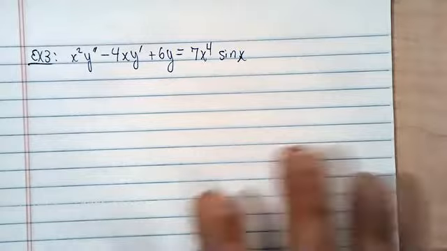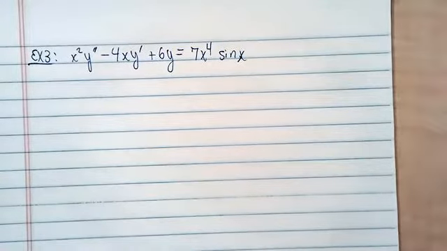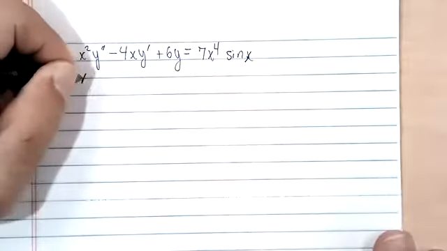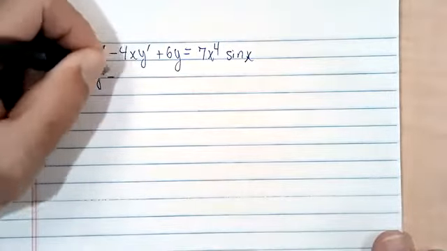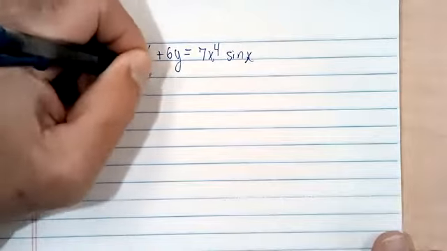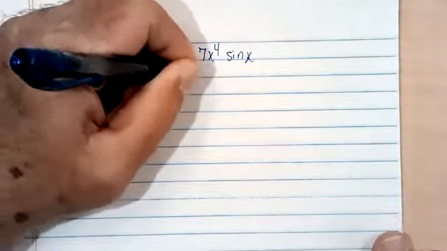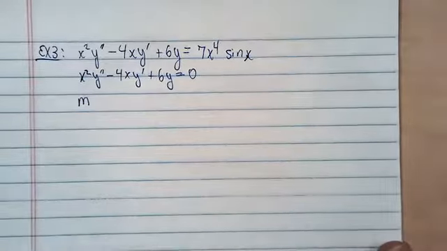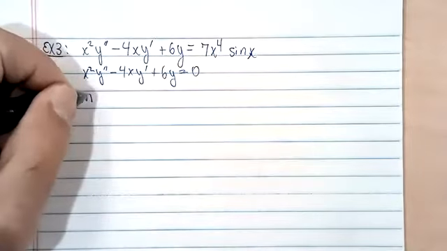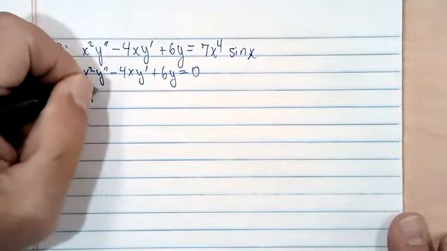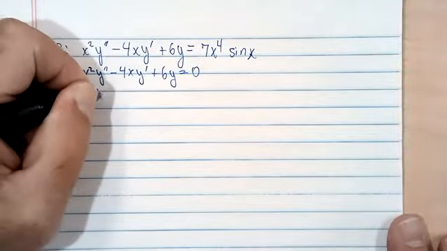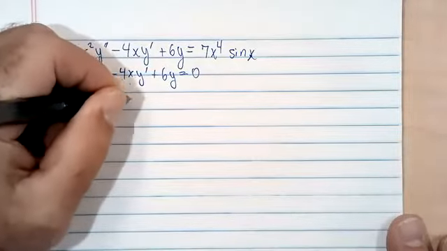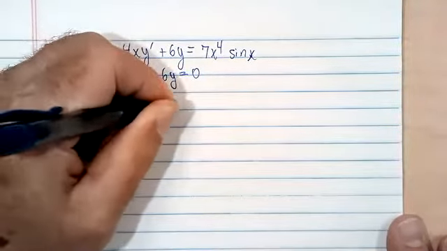And now I want to solve this equation. The first thing I need to do is solve the homogeneous equation. And for the homogeneous equation, this is a Cauchy-Euler equation. And we know that you compute the auxiliary quadratic, m squared plus, then it's this coefficient here, -4 minus 1, m plus 6 equals 0.